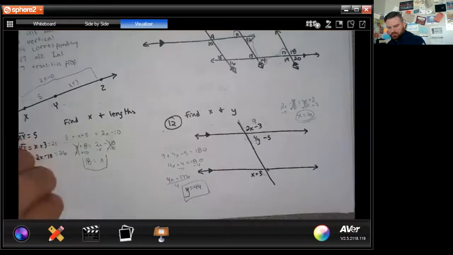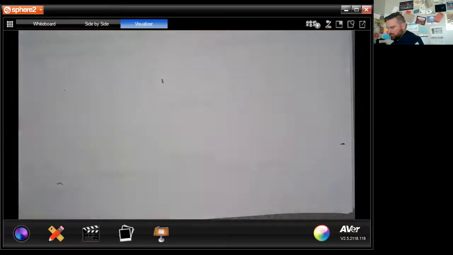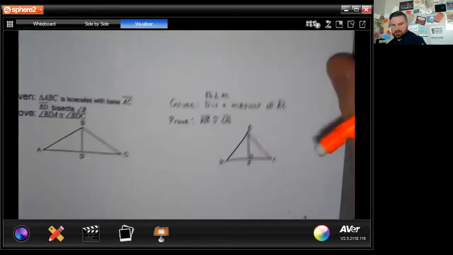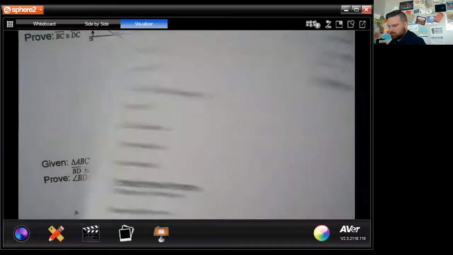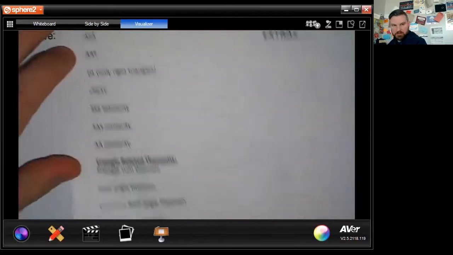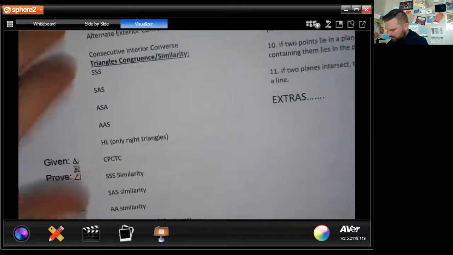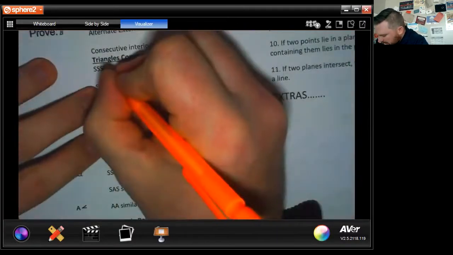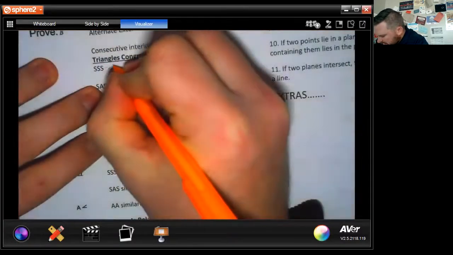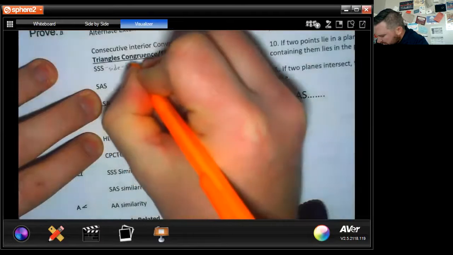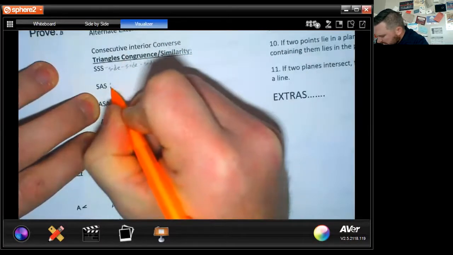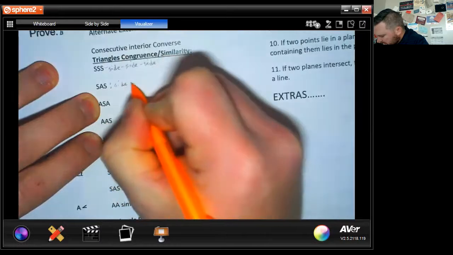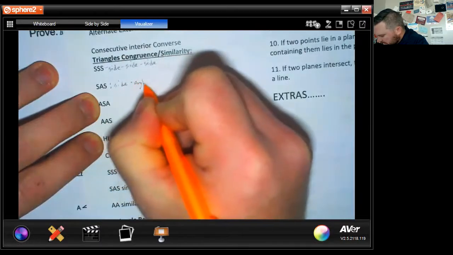And then we have a few examples. We've got 6 examples of proofs. But before we go through those, I want to go through some of these that we have on the valid list of reasons page. So SSS is side, side, side. SAS is side, angle, side.